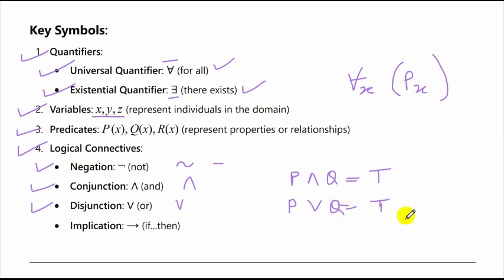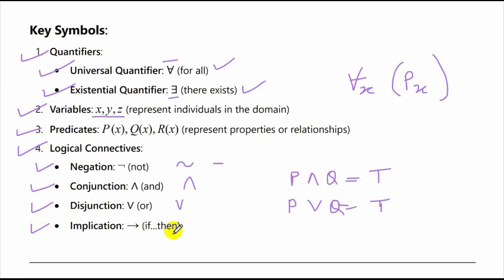If both are false, then it will be false. Otherwise, it will always be true. For example, if P is true, the conclusion will be true. If only Q is true and P is false, then also the conclusion is true. If both are true, of course, the conclusion will be true. But if both are false, then the conclusion will be false.